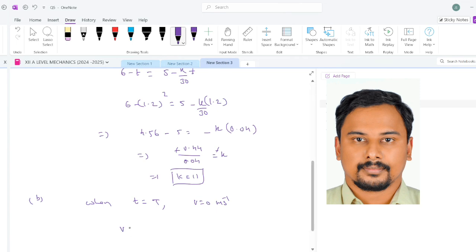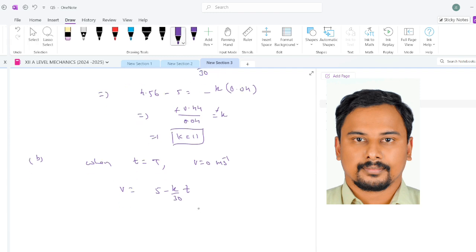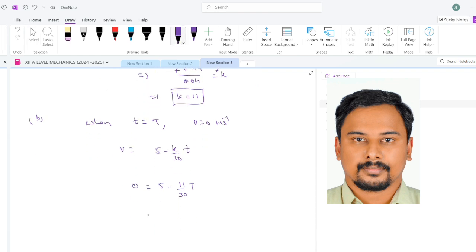So v is equal to 5 minus k by 30 into t. In this we substitute t as capital T, v as 0, and k as 11. So 0 is equal to 5 minus 11 by 30 into T. So 11 by 30 into T is equal to 5. That implies T is equal to 5 into 30 divided by 11, so that is 150 by 11.